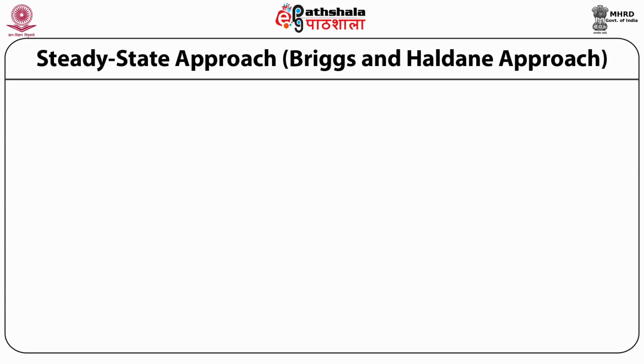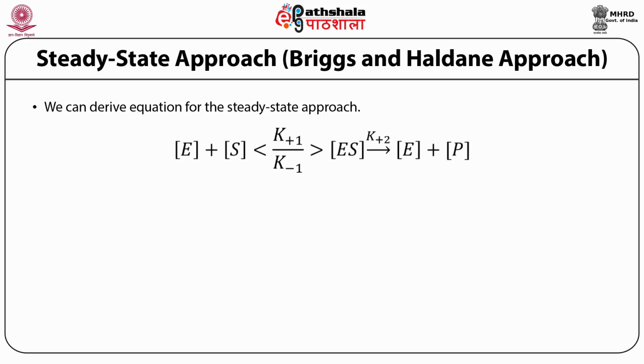We have discussed the equilibrium approach. Similarly, we can derive the steady state approach equations in a similar fashion. This steady state equation is given by Briggs and Haldane, and you know that in the steady state approach we are assuming that K plus 2 is very much greater than K minus 1.